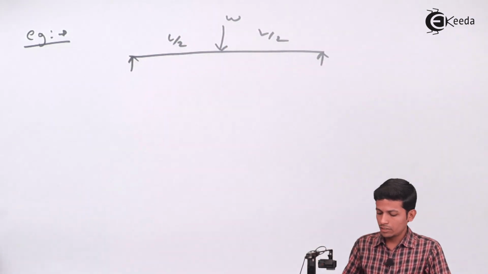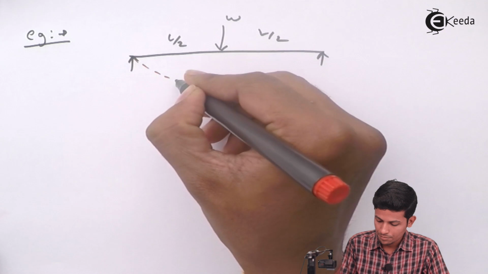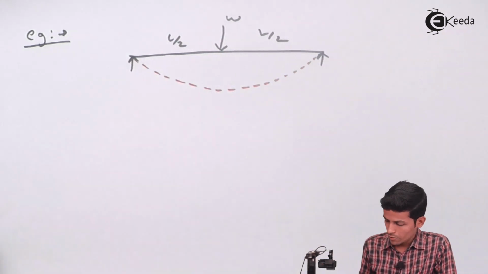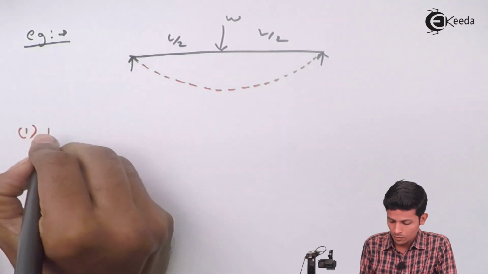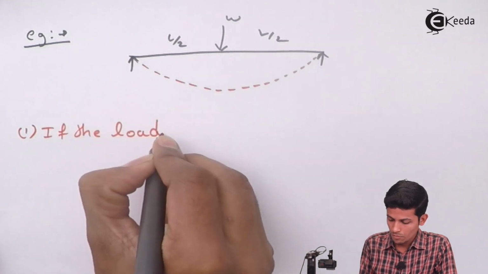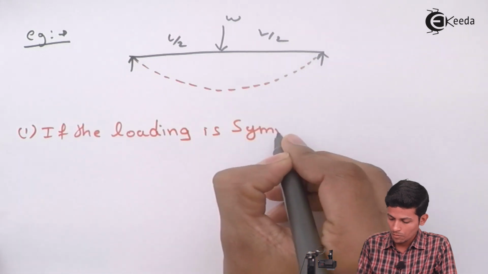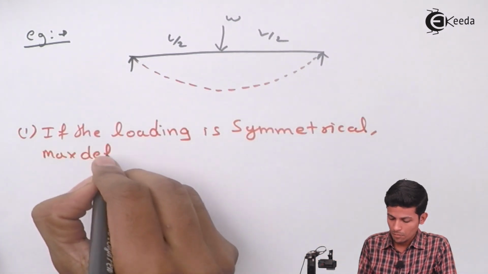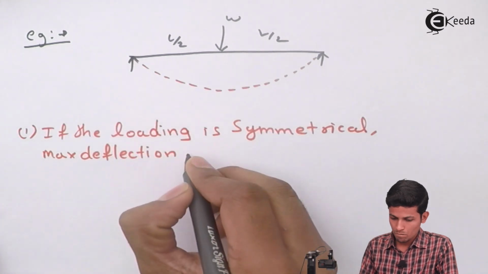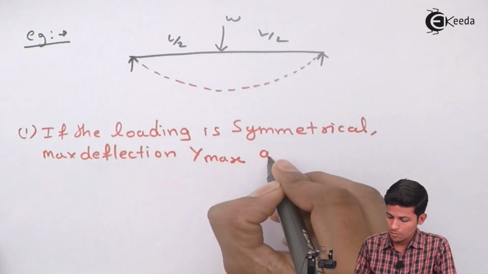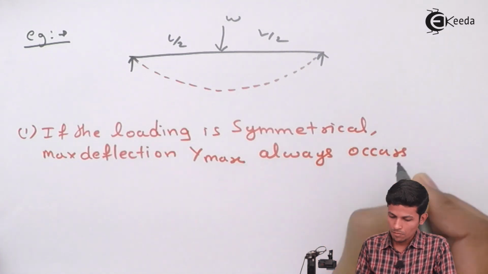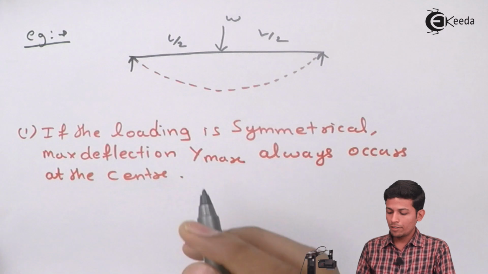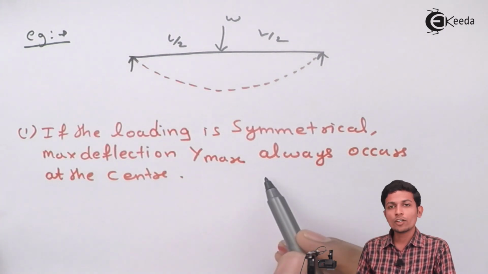This is one rod and this is a load W. This elastic curve will be like this. Now see, y is nothing but your deflection.